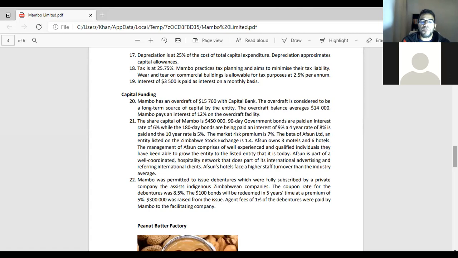It's very important to distinguish between the interest you are paying and the market-related interest rate. They never told us what the market-related interest rate is. If they give you no other information, then you can only assume that the interest rate of 12% that you are paying is also the market rate.